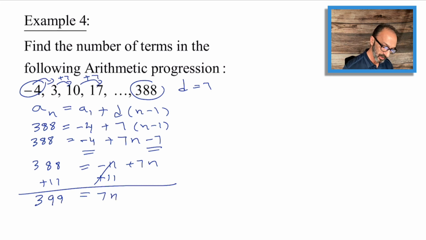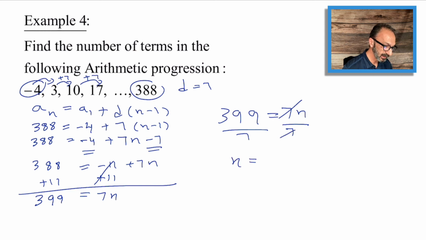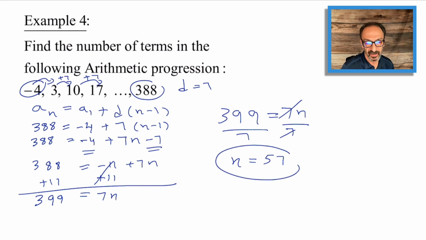Divide both sides by 7 and you get n equals 399 divided by 7, which is 57. That's the answer. So my point is, you don't want to list 57 terms and start counting them one by one to end up knowing the answer, which is 57 terms for n.